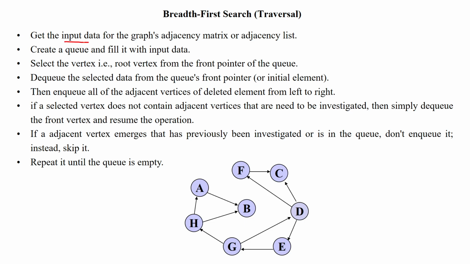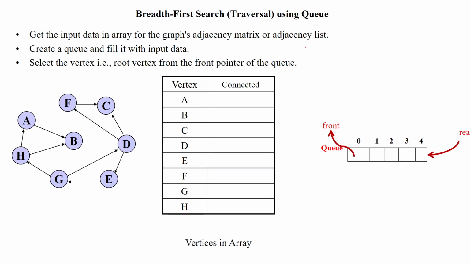Here for getting the input data for the graph, we can use an adjacency matrix or adjacency list to know the adjacency nodes of the selected vertex, and it will use the queue data structure. Initially we are taking the graph with the number of vertices and edges, then we are using the queue data structure which is going to have the selected vertex and its adjacency nodes in the given graph.